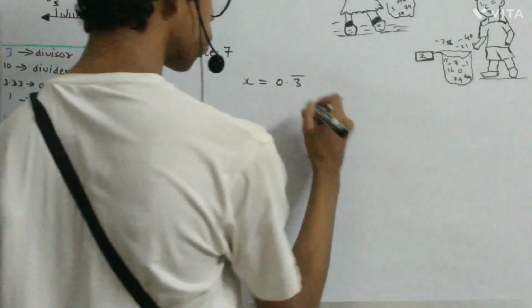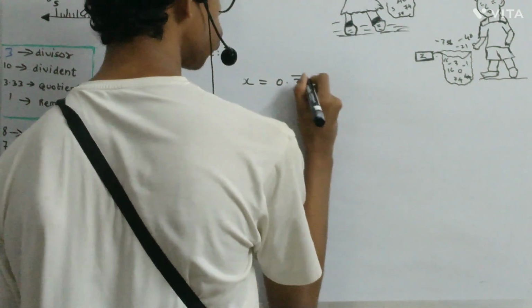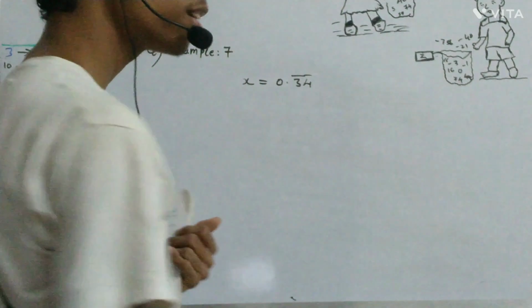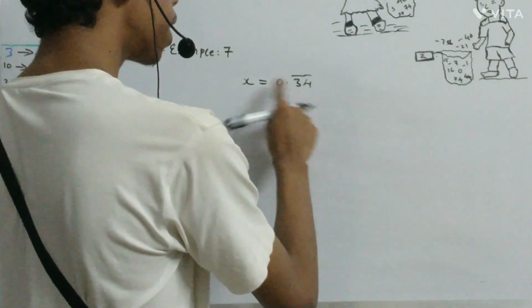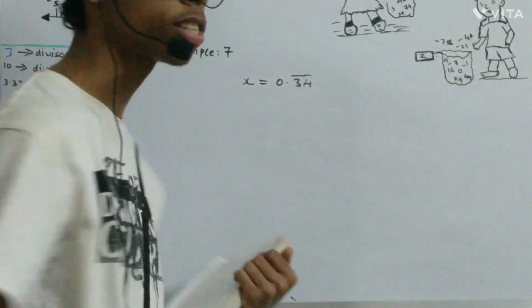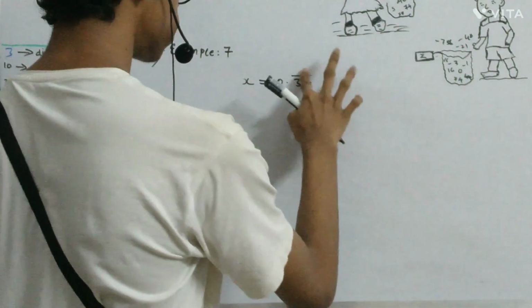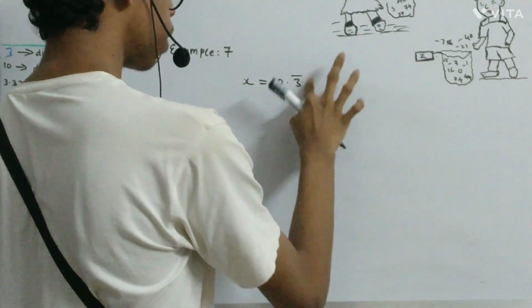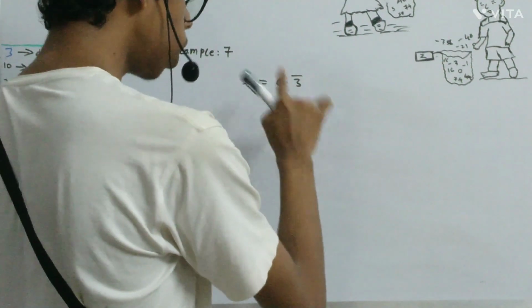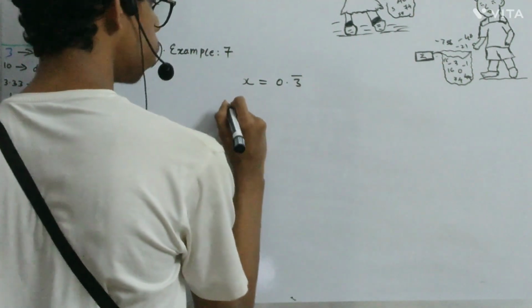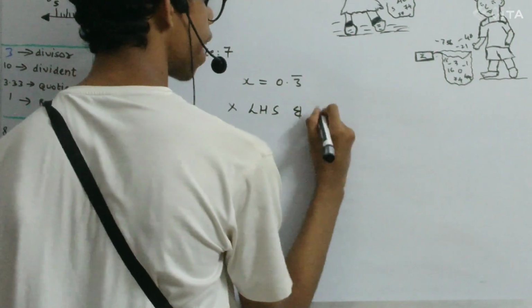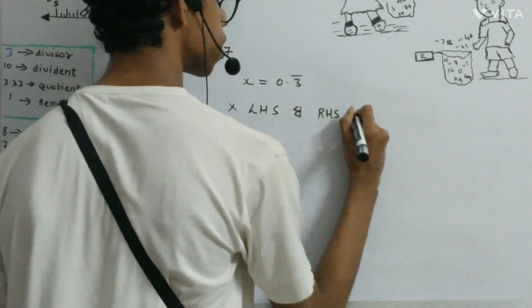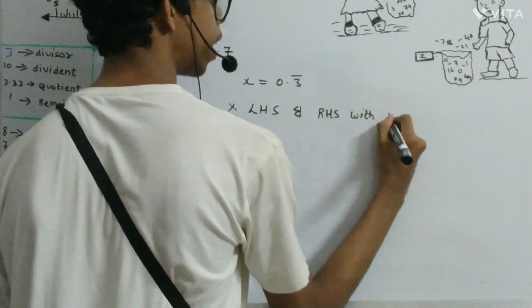For example, if it was 0.34 bar, now the bar symbol is present on two numbers, so you have to multiply both LHS and RHS with 100. But since it is only 0.3 bar and the bar symbol is present only on 3, we have to multiply the LHS and RHS with 10.